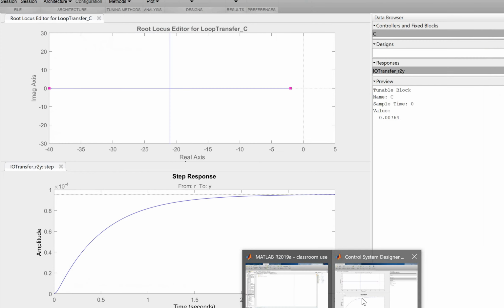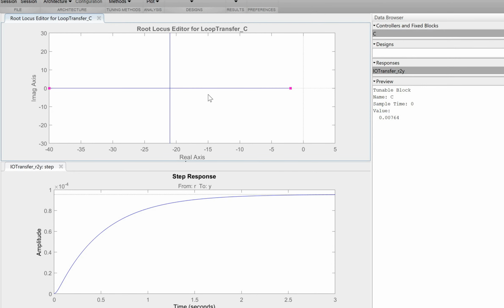If I look at my SisoTool, you can see the root locus for this, and it's as we expect. It's just a simple second order system that we have, with open loop poles at -2 and -40. We get a response, and sure enough, it's dominated by this pole here at -2, and we can see a 0.5 time constant, which is what we would expect.